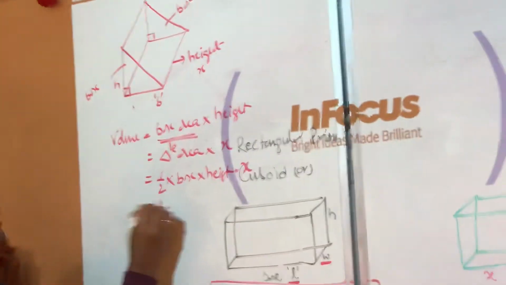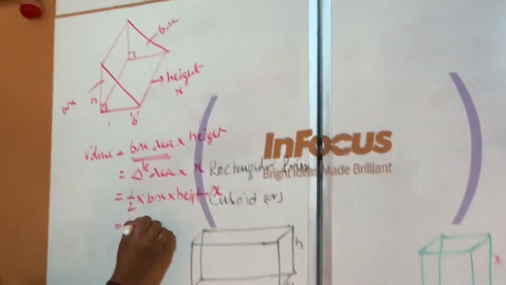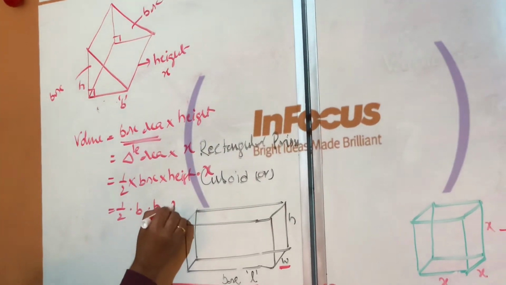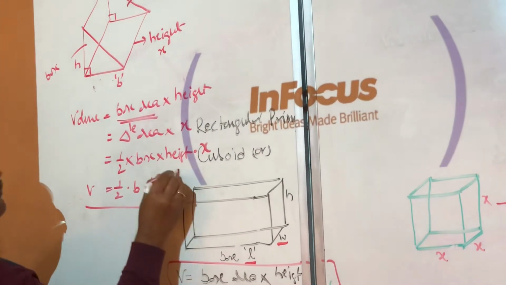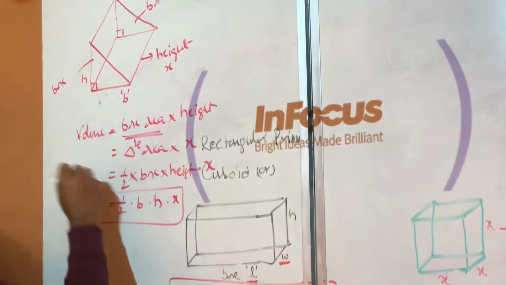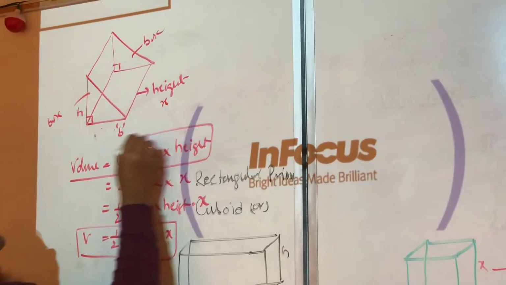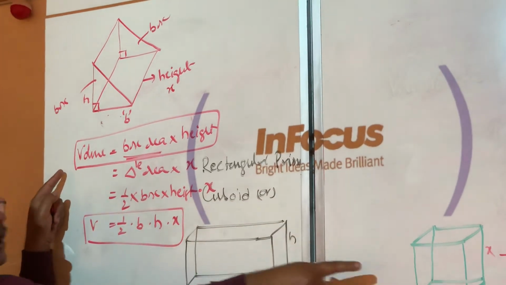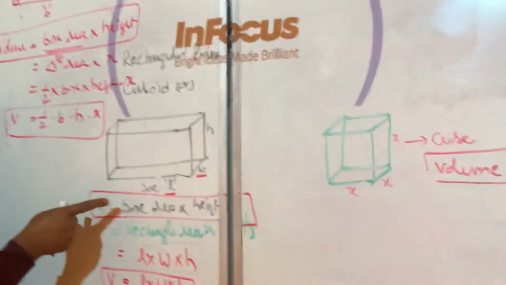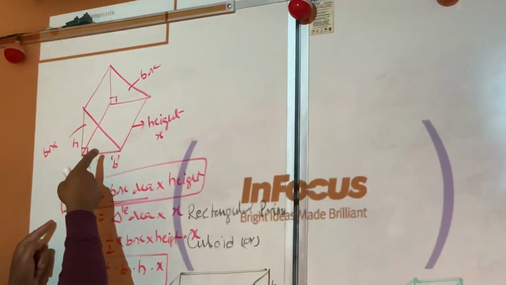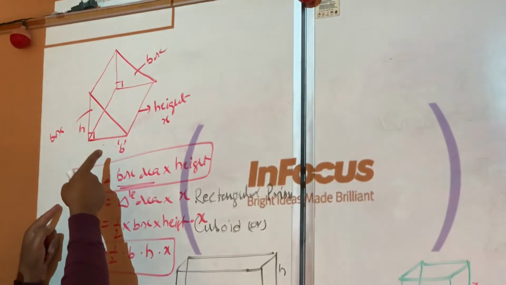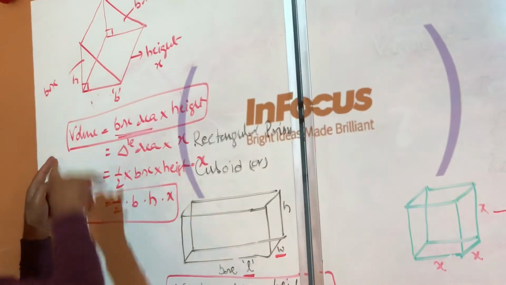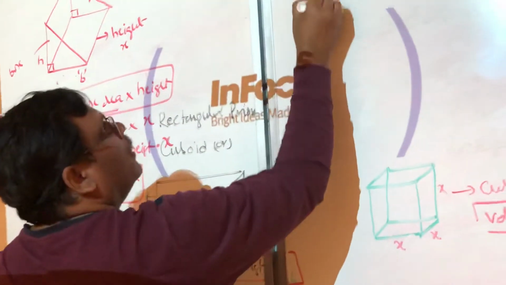So 1/2 times B times h times x. This is the volume formula for this triangular prism. Again, I'm using the same formula. For the volume of any kind of prism, whether a cube, a cuboid, a rectangular prism, or a triangular prism, the volume formula goes like this.